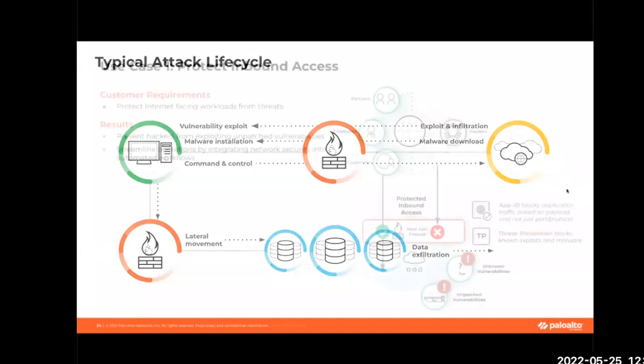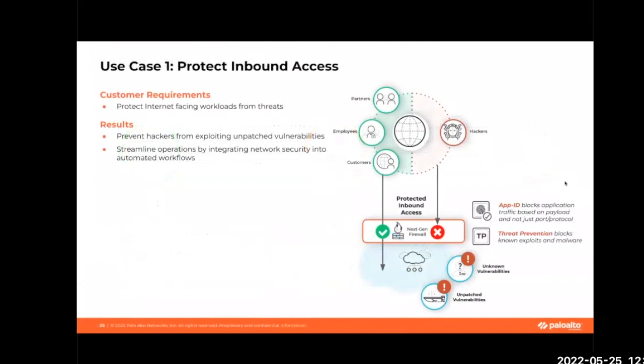So now with that in mind, let's try to map this into different use cases. The first stage of the attack was the inbound access. So how can you protect inbound access using a next generation firewall? If you have App-ID and threat prevention enabled on your firewalls, the first thing that's going to happen is you can define which applications, in fact, you have hosted on your workloads.